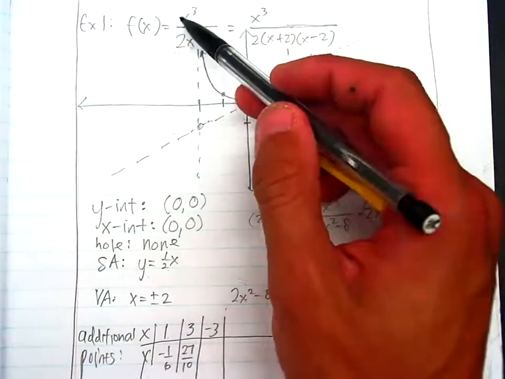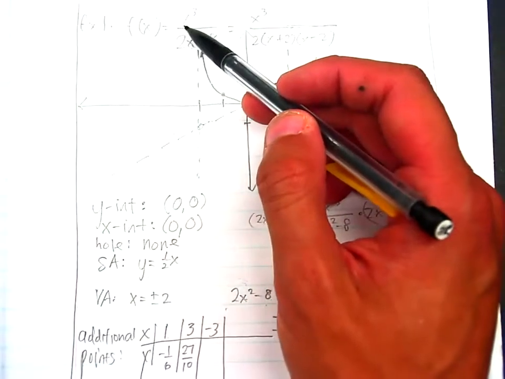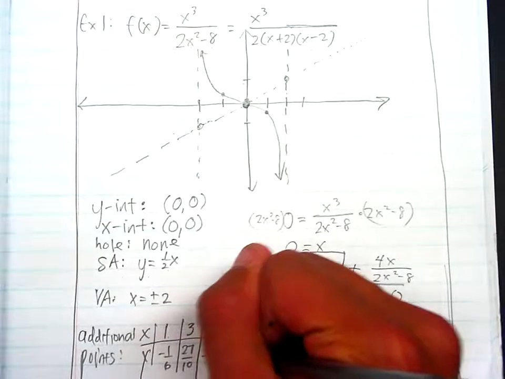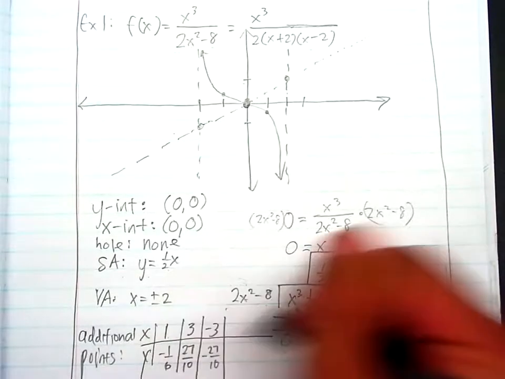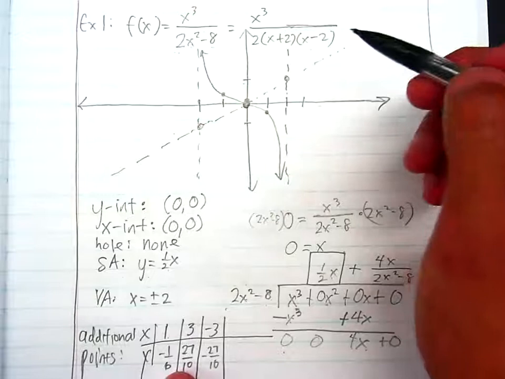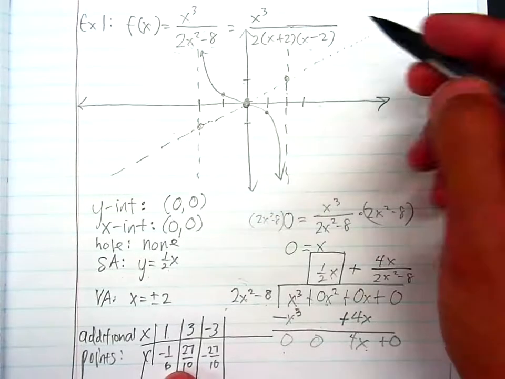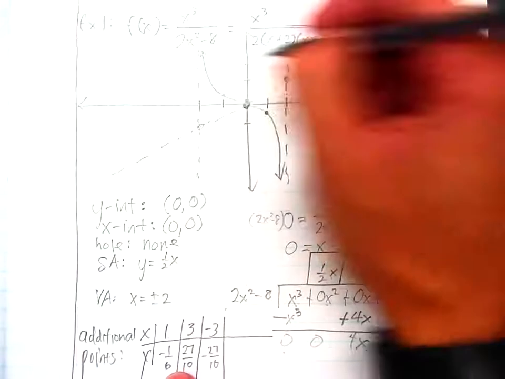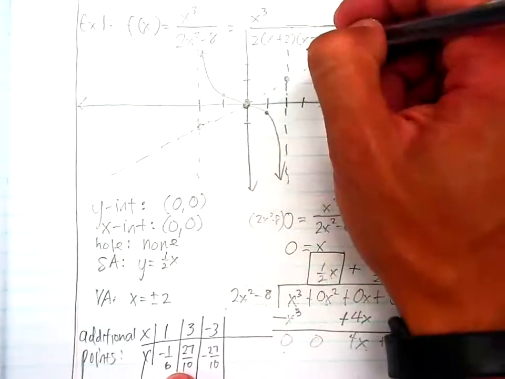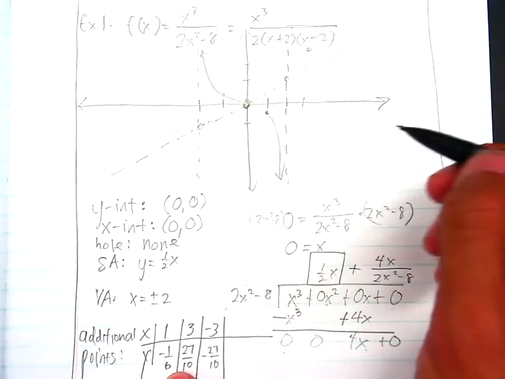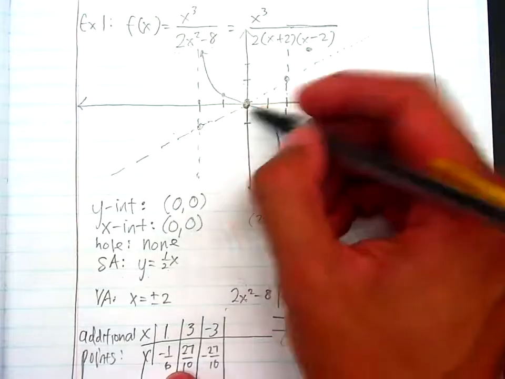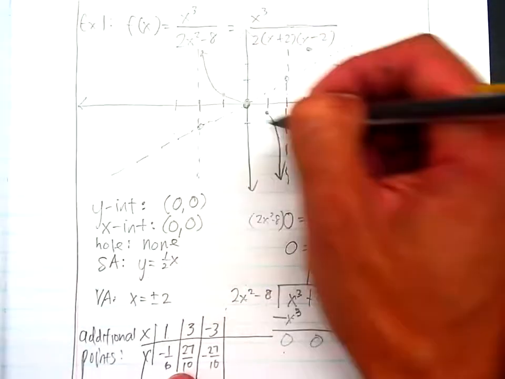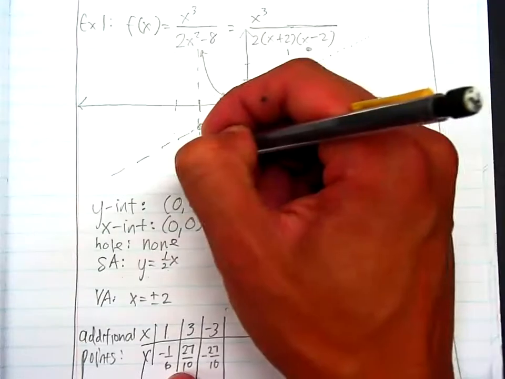If I plug in -3, it'll be the same thing, except it'll be the opposite of that, so it'll be -27 over 10. Let's graph those points. It'll be 3, 2.7 roughly, so somewhere here. And then it'll be -3, -2.7, so somewhere around here.